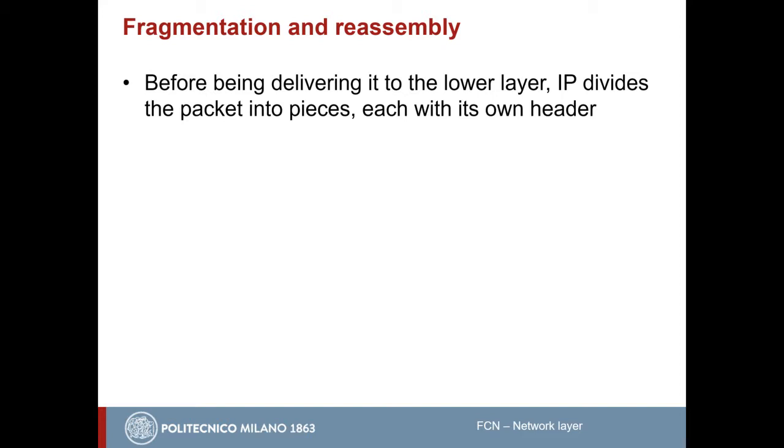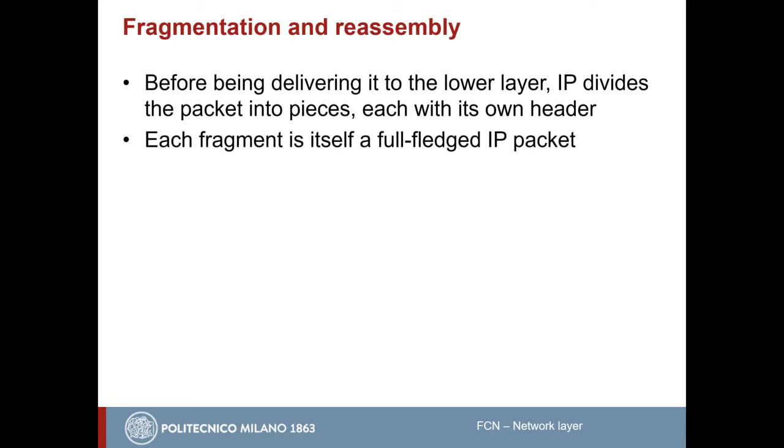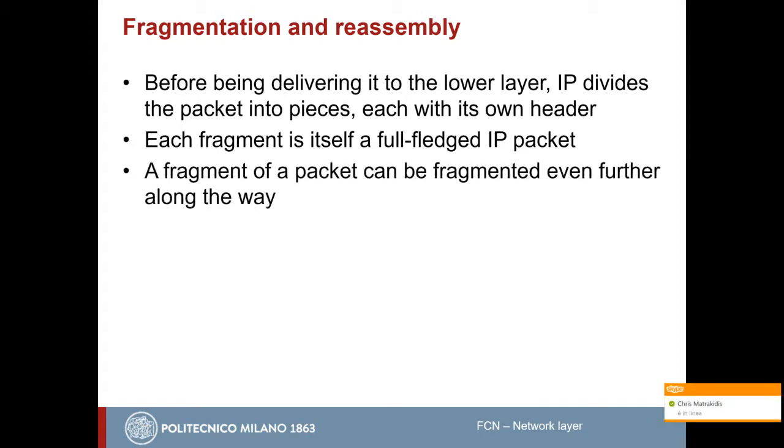So what happens in the fragmentation process? Before delivering the packet to the lower layers, IP divides the packet into pieces, which are called fragments. However, each of these pieces is a full-fledged IP packet, so each fragment must have its own header.